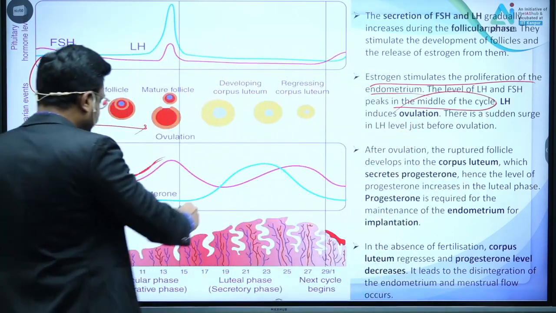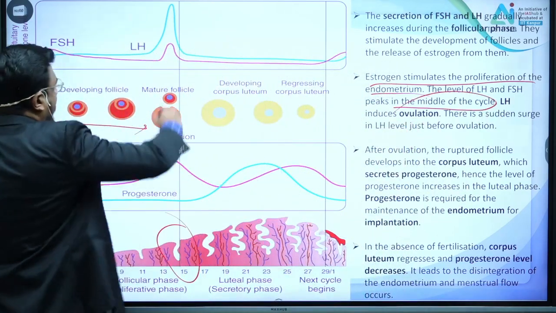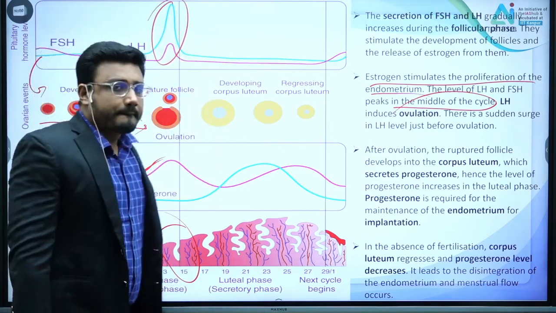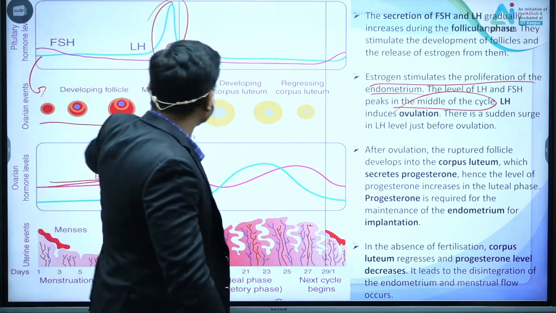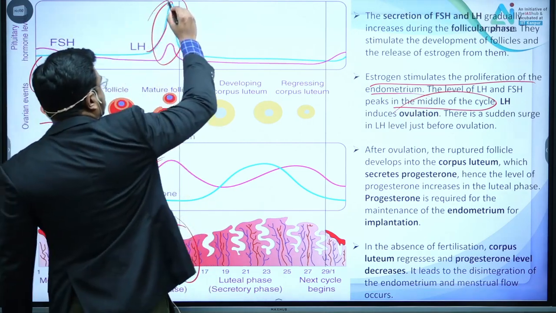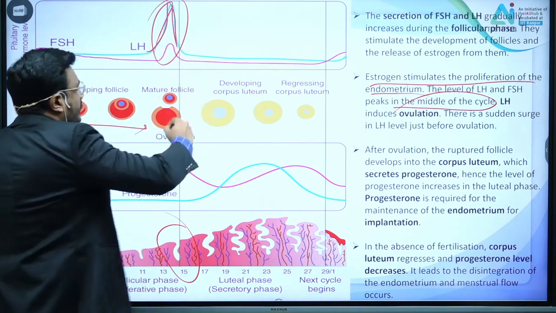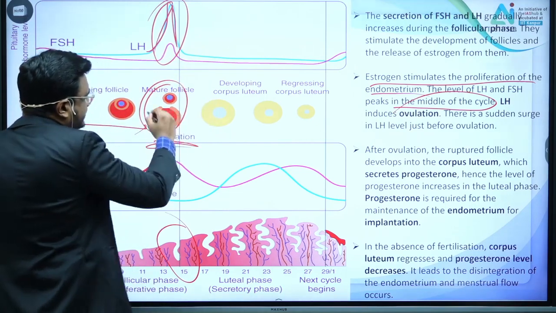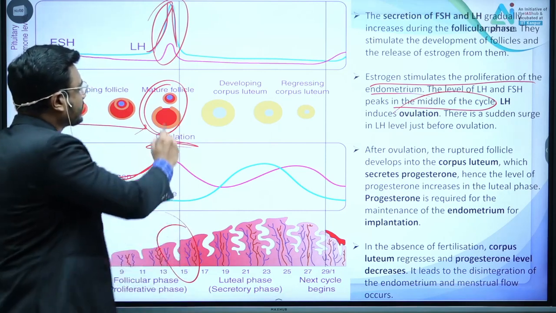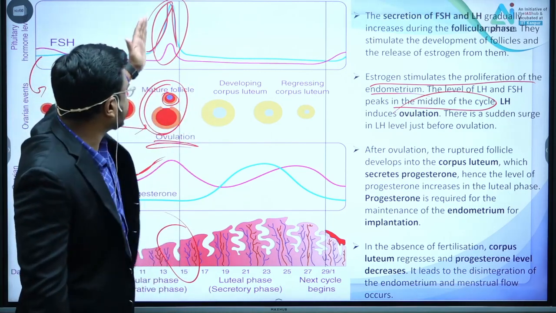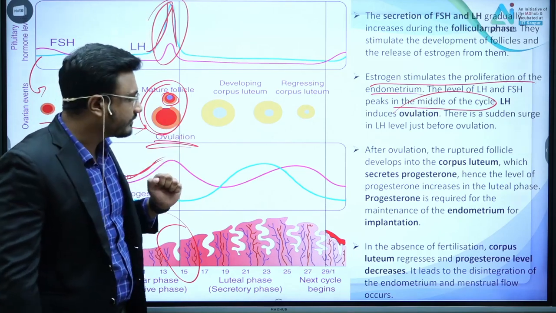Here we can see the middle of the cycle, where both FSH and LH peak, and the LH undergoes a surge. The LH has undergone a sudden surge before the ovulation process. Here the mature follicle has ruptured and the ovum is released from the follicle. So the LH surges before ovulation.